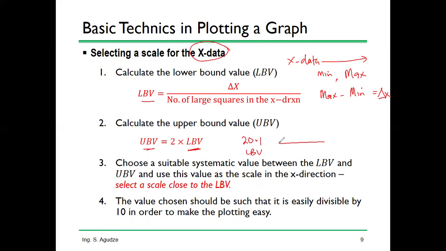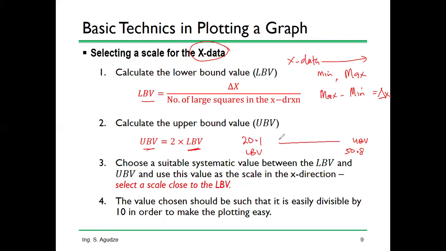And an upper bound value of, let's say, 50.8. Between 20.1 all the way to 50.8, you can select anything within that range as your scale. Make sure the numbers you select are within this range, and of course, they should be easily divisible by 10, because the graph is divided into 10 parts.